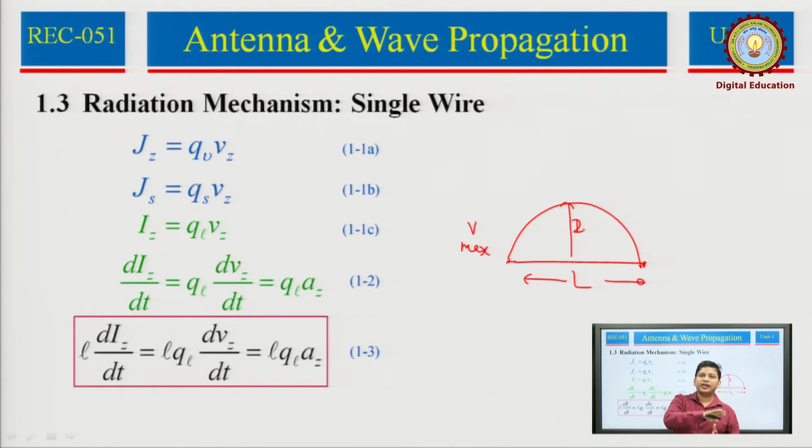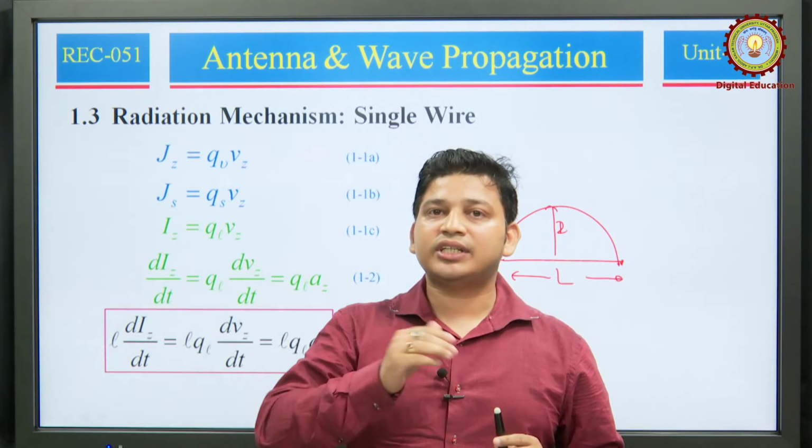From here, if you have seen equation 1.3, L dI_z/dt, Z is suffixed because we are assuming that Z is the direction of propagation. L dI_z/dt is equal to L q dv_z/dt. So length times time varying current is equal to length times the charge included in this wire times the acceleration dv_z/dt.